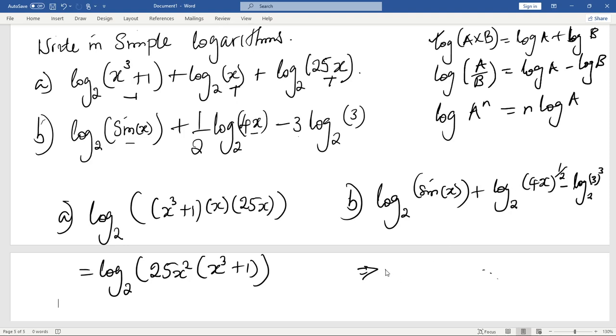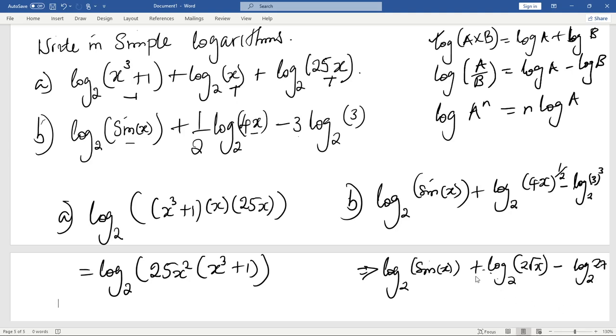So here we're going to have log base 2 of sine x plus log base 2 of 2 square root of x, minus, when we evaluate 3 to the power 3, we get 27. So we say log base 2 of 27.